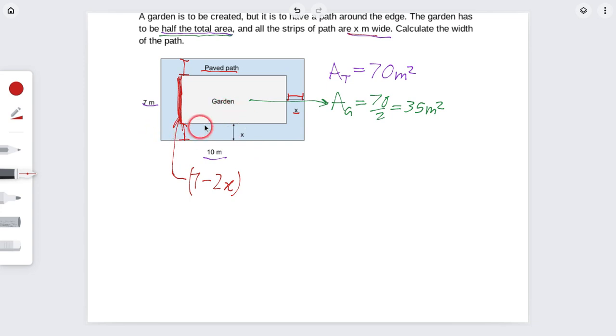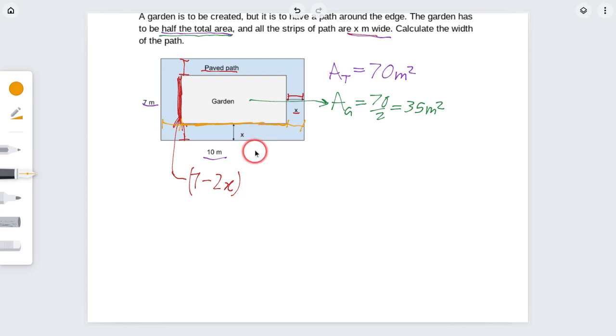The second one we'll use, I'm going to use this color here. I know it's hard to see, but just getting some vibrancy color here. So here, we don't know what this side is, and we don't know what this side over here is. But we do know that the entire thing is equal to 10.